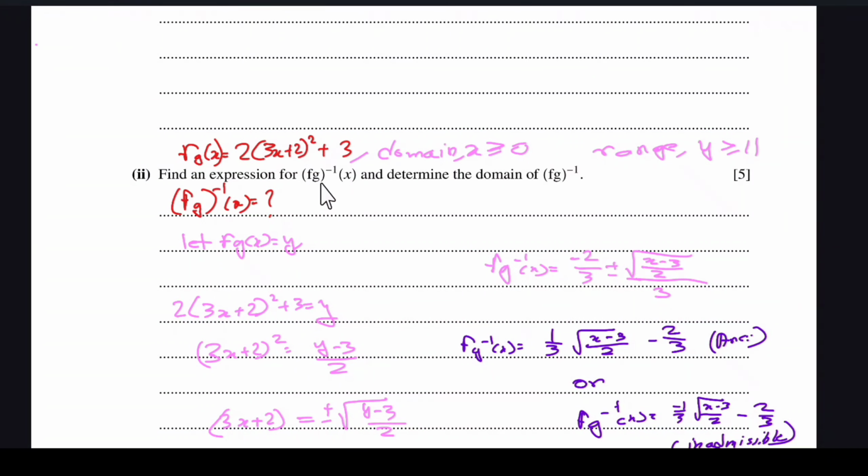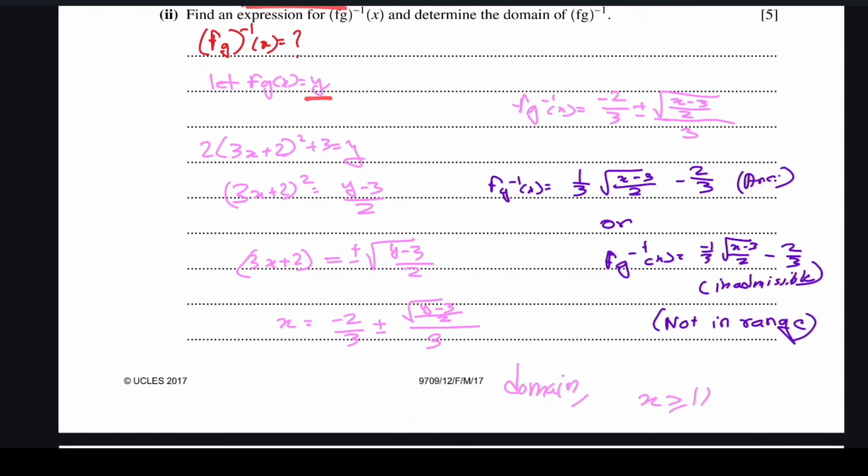find an expression for fg inverse of x and determine its domain. To find an inverse of an expression, we know that fg inverse of x is represented by this equation. First of all, we take fg of x equal to y, then solve it and make x the subject of the formula.